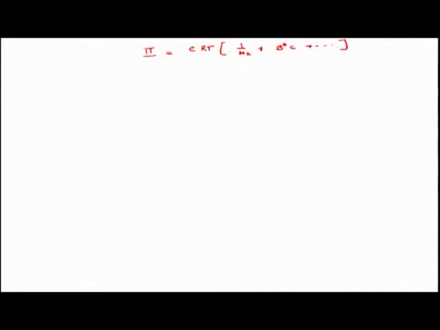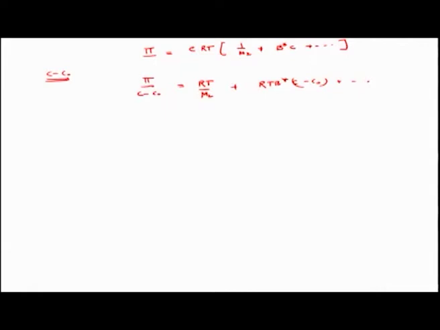Now, what about the C here? Considering that it is concentration, it is C minus C0, because this is the amount we are talking about. So, we write it like this: pi is equal to C minus C0 times RT by M2 plus RT B star into C minus C0. I am not interested in the higher order terms.